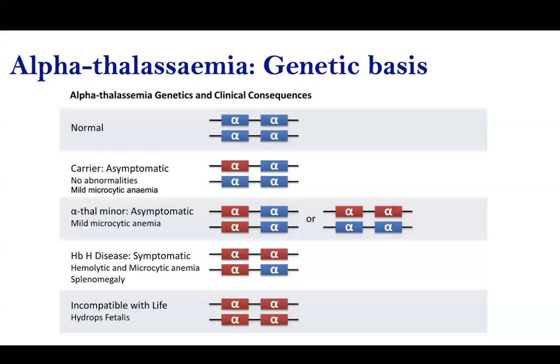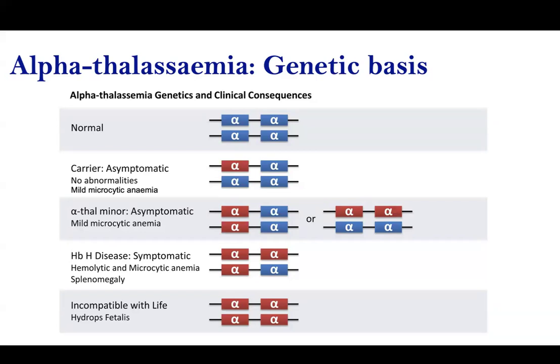There are instances where all four alpha globin genes are mutated, but not in Sri Lanka. When all four are mutated, it is known as hemoglobin Bart's hydrops fetalis. I'm sure you will remember your undergraduate hematology lectures about it. There is no alpha globin, so fetal demise.